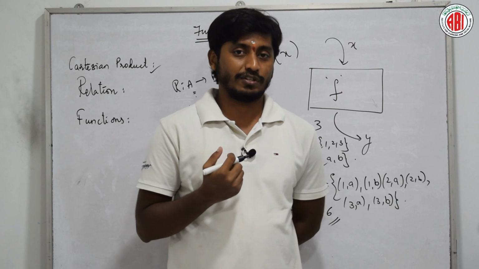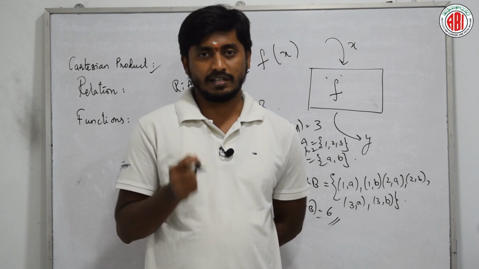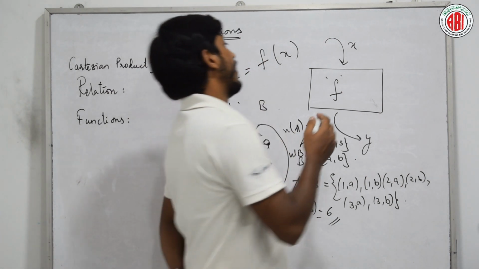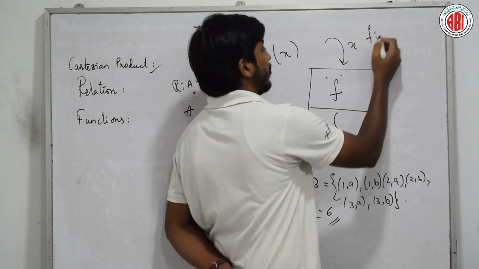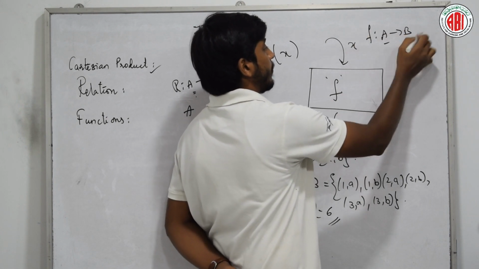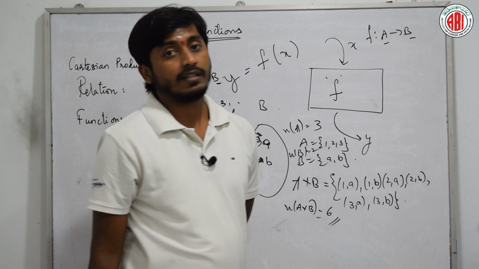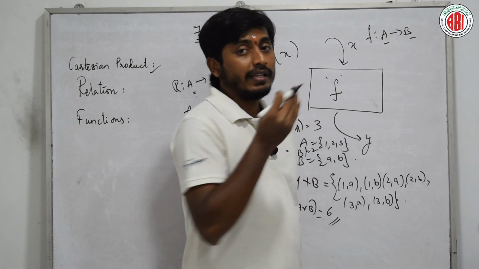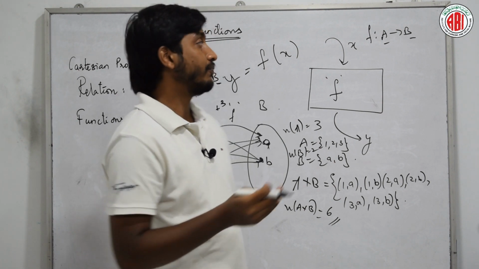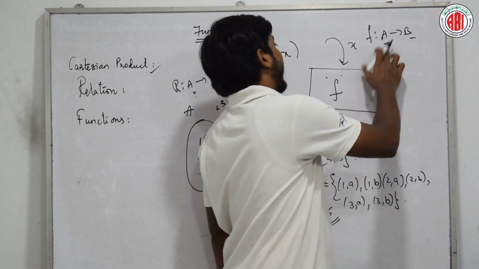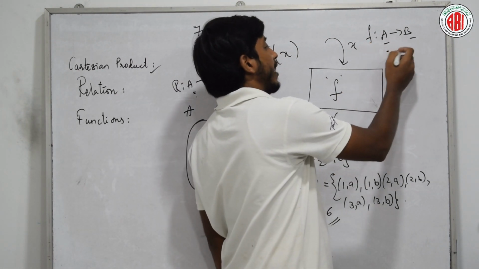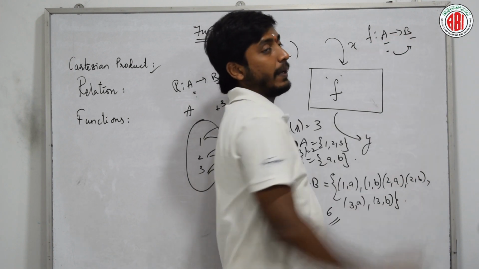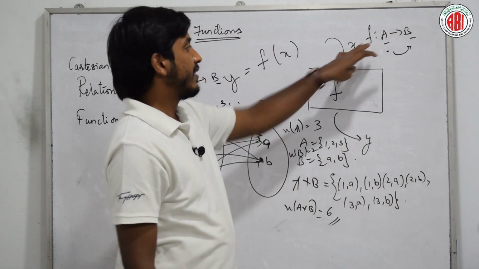Then what is a function? How do we define a function? Just remember, a function is a relation from A to B, where A is a set and B is a set, such that each and every element in A should have at least one output in B. What are this A and B called?